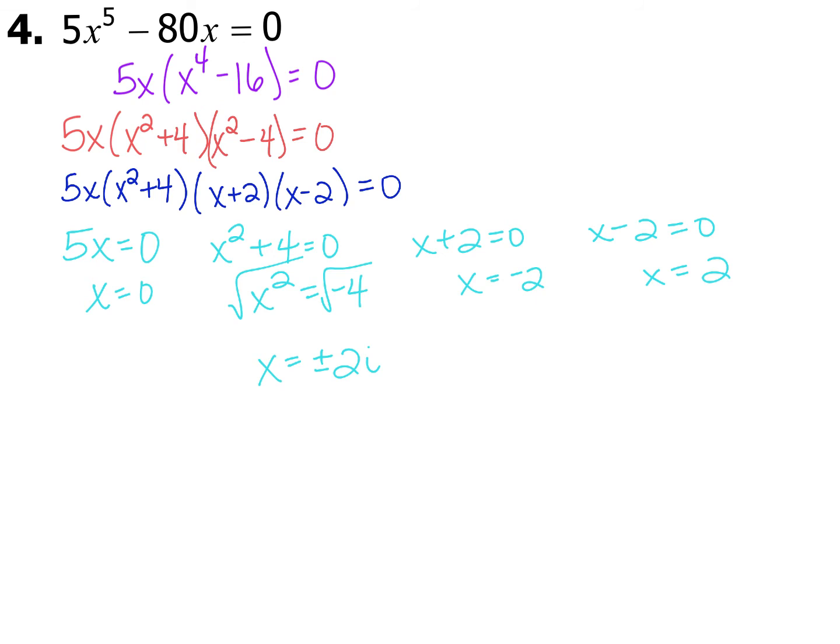Therefore, my solution set would be equal to 0, plus or minus 2i, and plus or minus 2. Since my degree is 5, you can see that I have 5 total roots, which is the maximum number of roots that I can have as a solution for this polynomial.